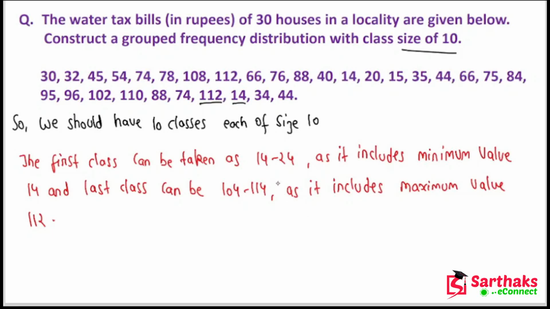Now since the classes are continuous, from 14 to 24, the next class will be from 24 to 34. So you could choose either the exclusive method or the inclusive method. In this particular question, let us choose the exclusive method, right? So let us make the classes using exclusive method.